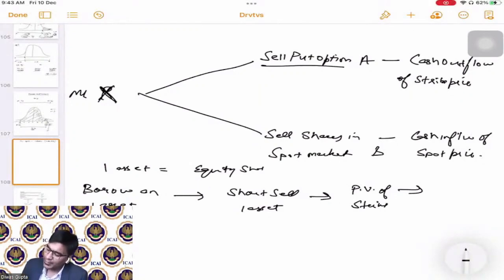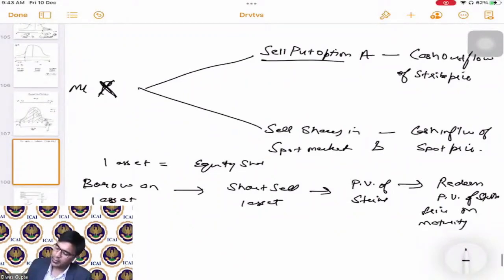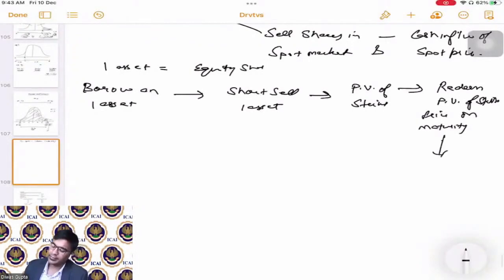Then what will happen? Redeem the present value of strike price on maturity. This you redeem. After redeeming it, you go and purchase one asset through the option, because you have sold the right to sell.